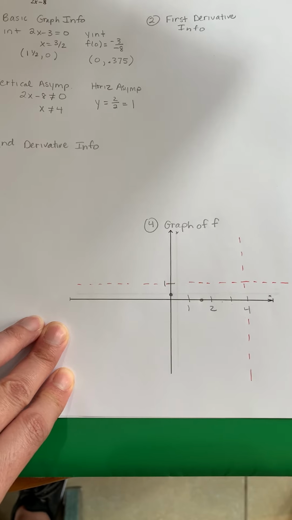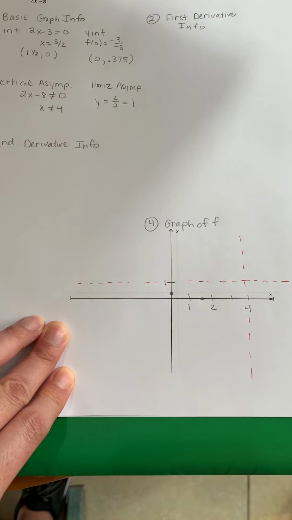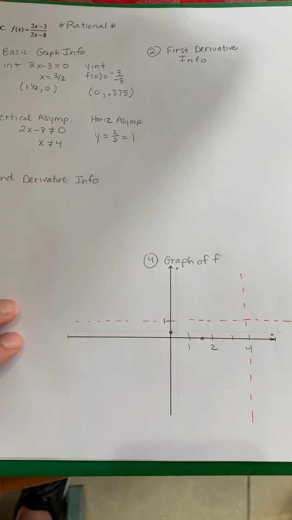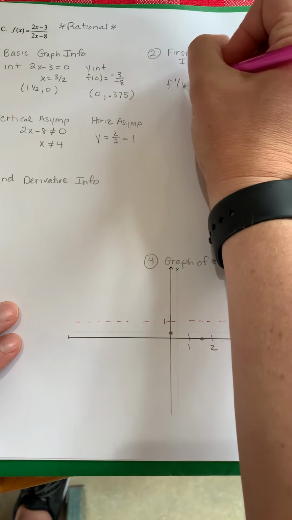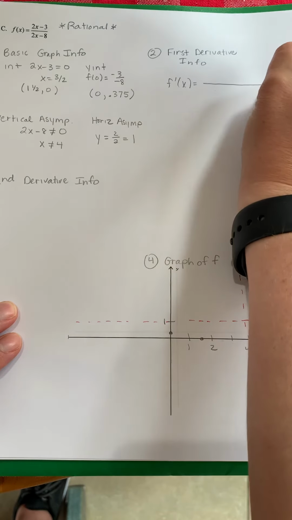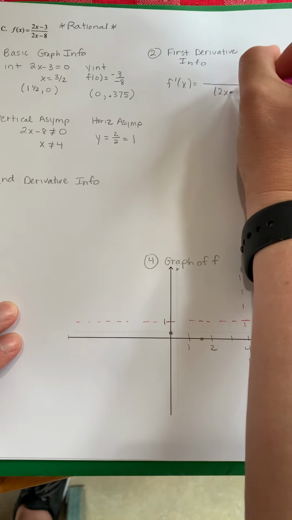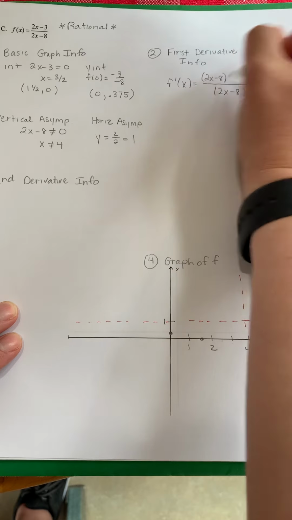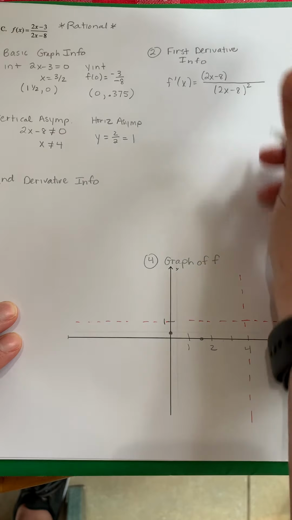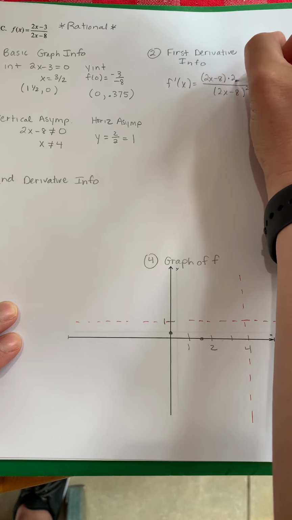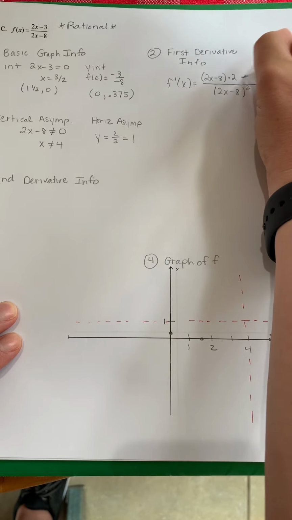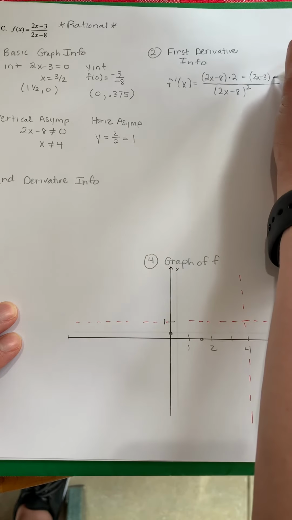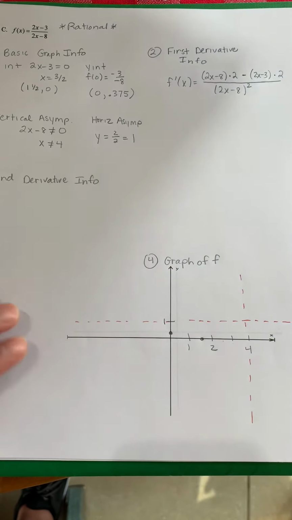Okay. All right, so now we're going to take care of the first derivative. This is going to involve using the quotient rule. So we'll start off by squaring the denominator. So we'll have 2x minus 8, that quantity squared. We'll write that up top there, and then the derivative of the top is going to be 2. Then we're going to go ahead and leave the 2x minus 3 part alone, and then the derivative of the denominator is also 2.